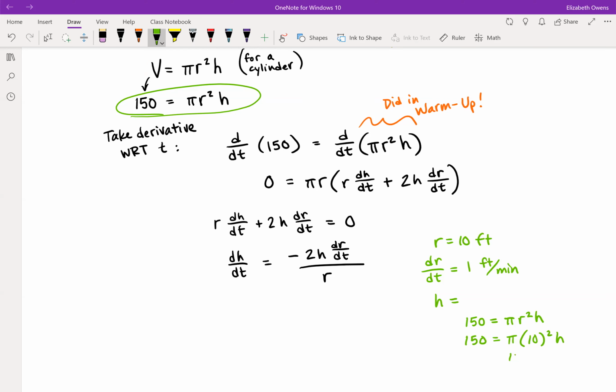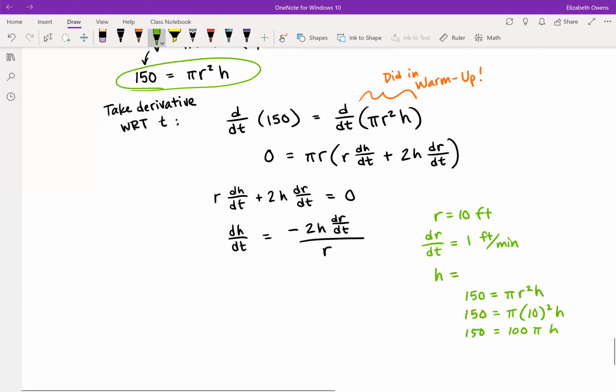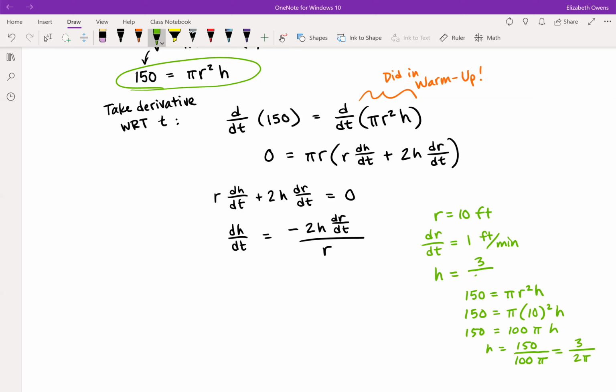And so that'd be 100 pi times h there. And if you solve for h, you'd get 150 over 100 pi. Or if you reduce that down a little bit, that'd be 3 over 2 pi. So 3 over 2 pi feet for our thickness h.